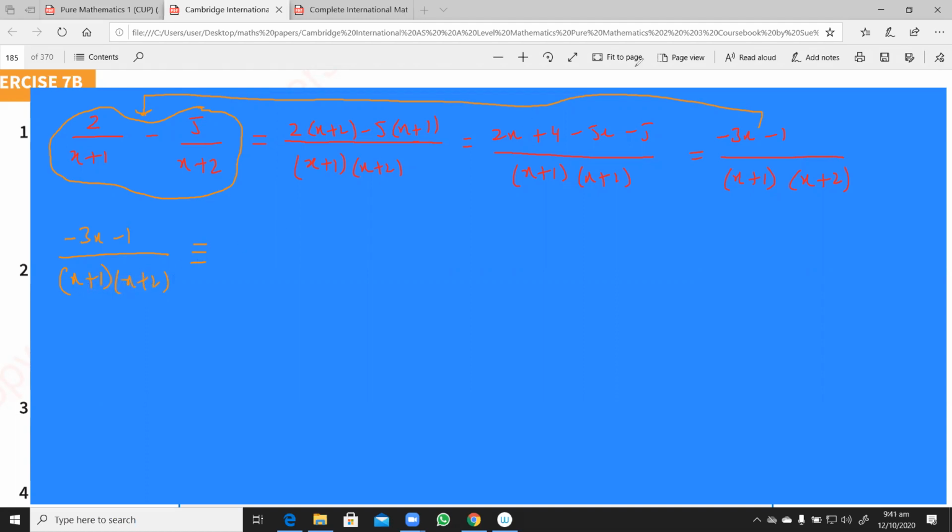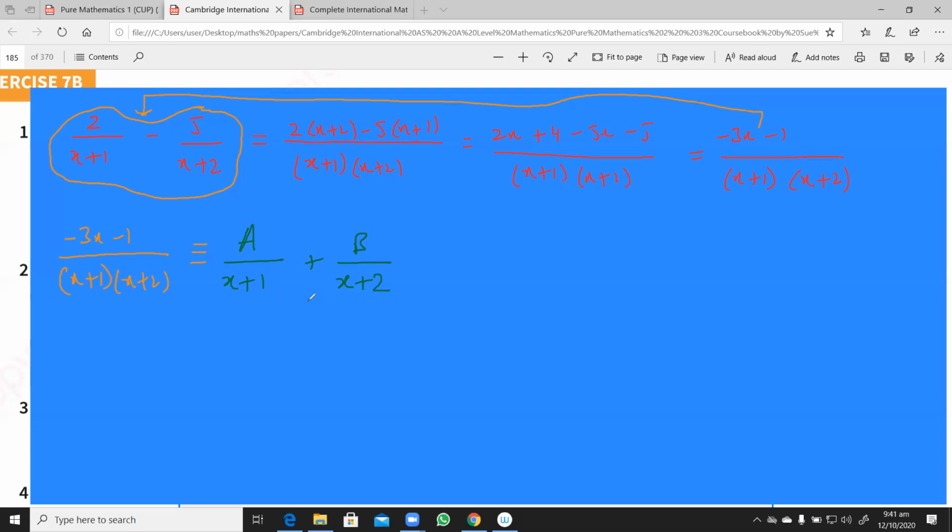There are two factors. The number of factors of this denominator suggests that we can split this one single fraction into two fractions. So you will suppose that those two fractions are a over x plus 1 plus b over x plus 2. Okay, so there are two factors, so there are going to be two partial fractions.